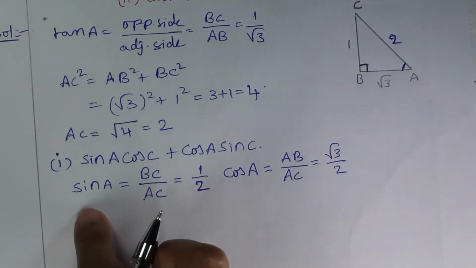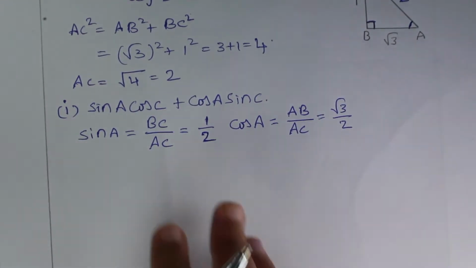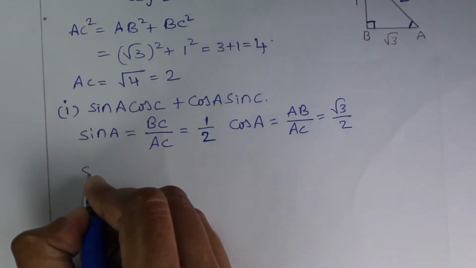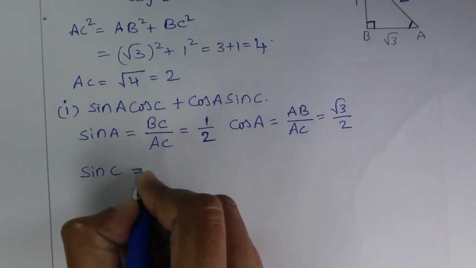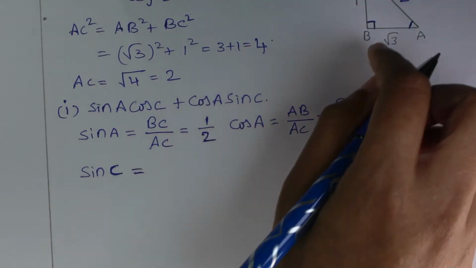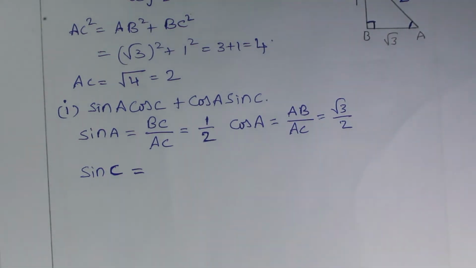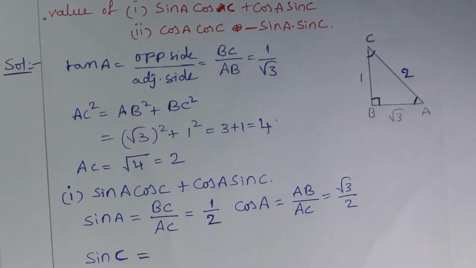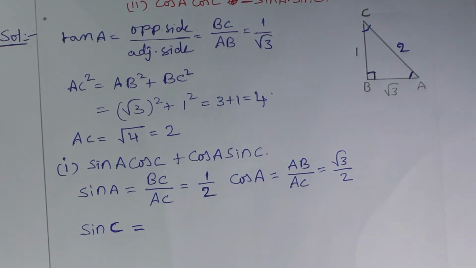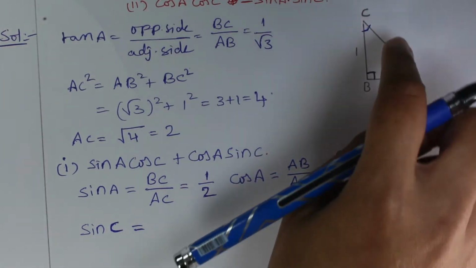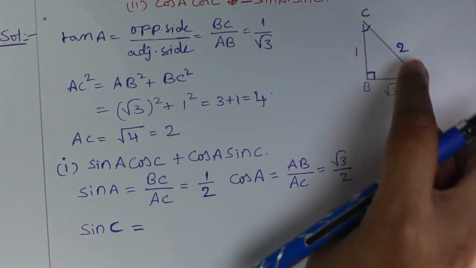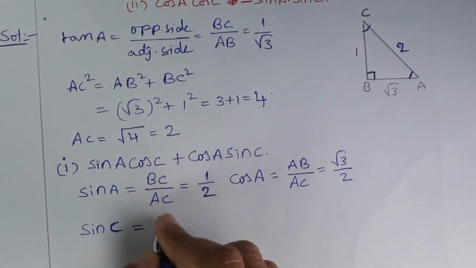Okay. Now let's calculate the values of sin C and cos C. Sin C is equal to, this is angle C. So sin C becomes opposite side to angle C, that is AB divided by AC.